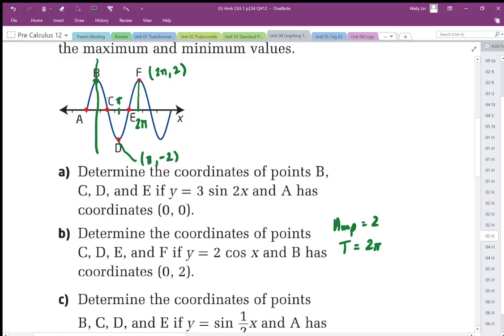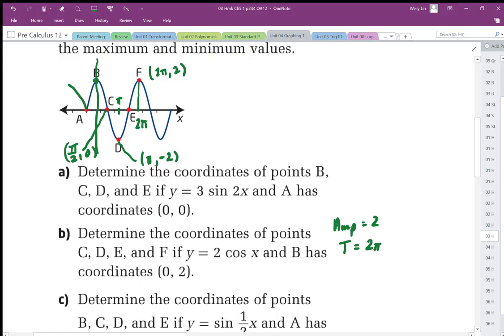I can then start using the quarter period. The quarter period is pi over 2. Or I can use the middle. Halfway between 0 and pi is going to be pi over 2, or I can go pi over 2 to get to that point, or backwards pi over 2 to get to that point here. So point C is going to be pi over 2 and y equals 0.